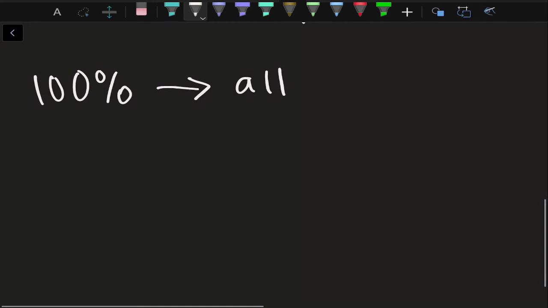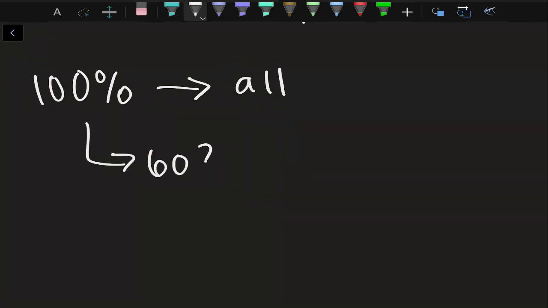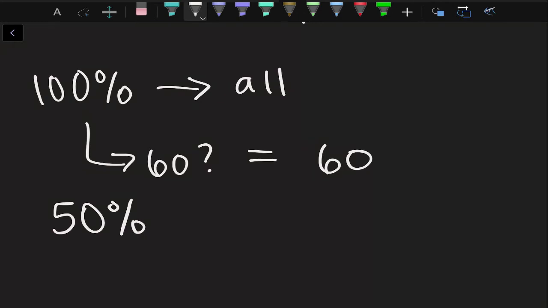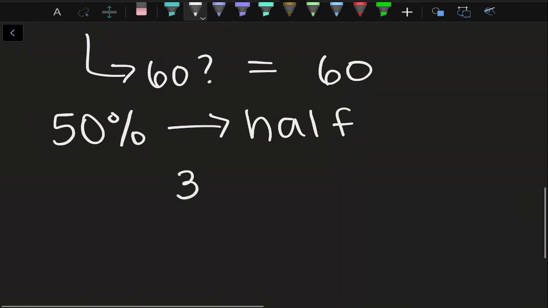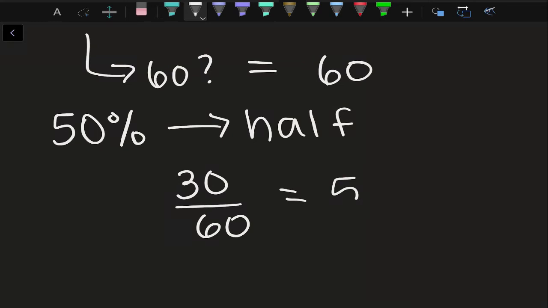So 100% of 60 is actually just 60 because it's all of it. It's the whole of what we're looking at. 50% then means half. So half of 60 is 30. So 30 out of 60 would be 50%.